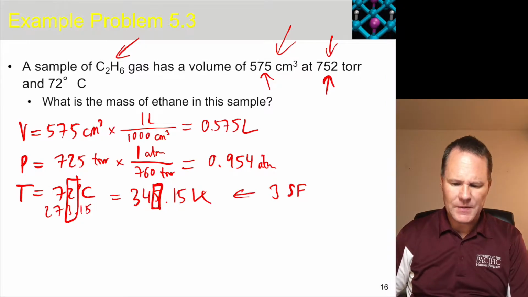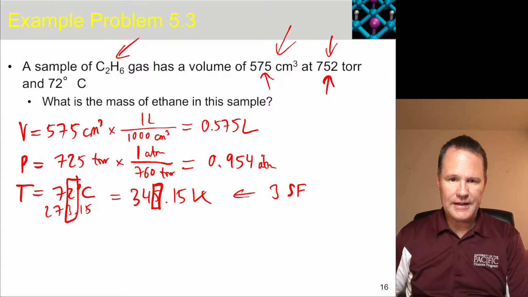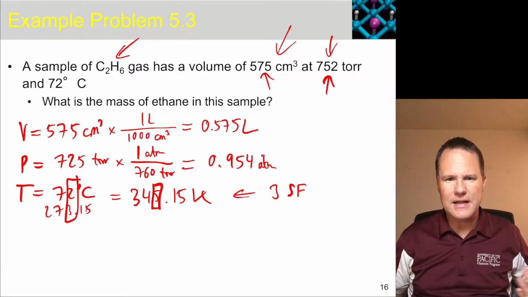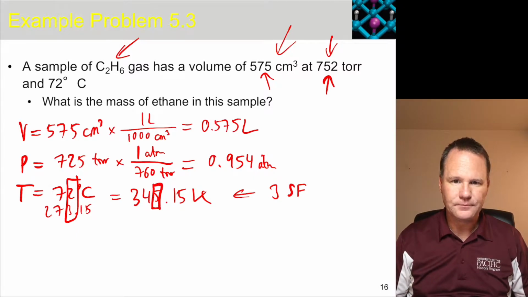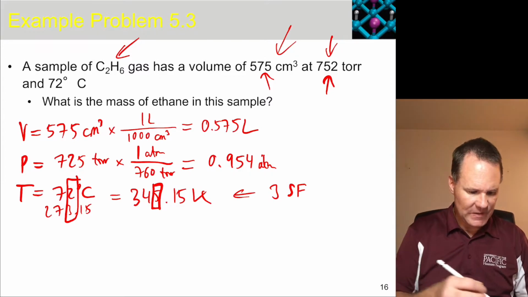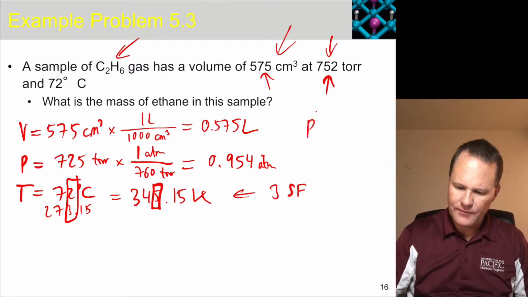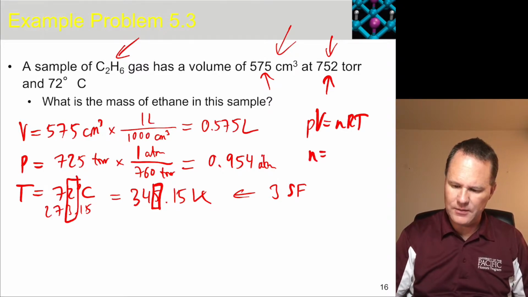Alrighty, so what I'm looking for now is the mass of the ethane, and the mass of the ethane, of course, will come from the moles. So PV equals nRT can be rearranged to n equals PV over RT. So let's do that.